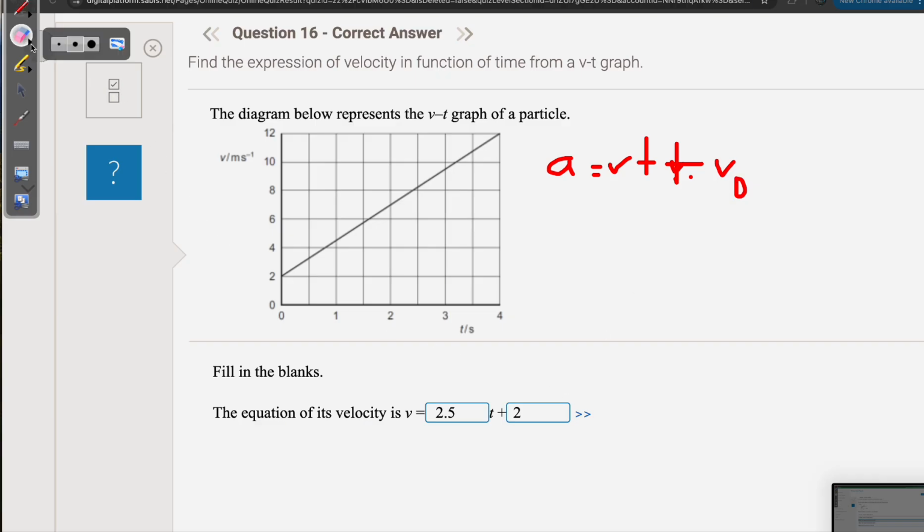Okay, never mind, ignore what I just said. Anyway, the equation of the velocity. For this one, we're basically finding the slope, the equation for this line.